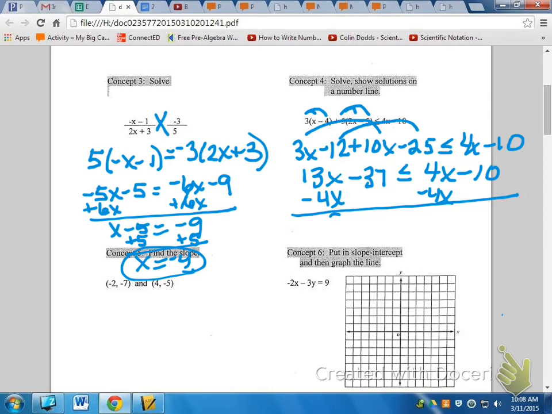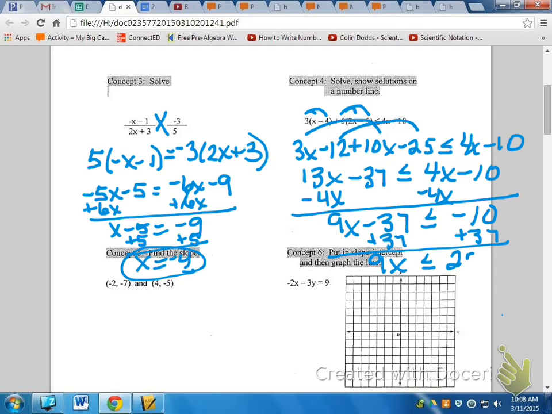And I would get 9x minus 37 is less than or equal to negative 10. So to get the x term alone, I'm going to add 37. And I'll bring down 9x less than or equal to 27. Dividing by 9, this says x is less than or equal to 3.